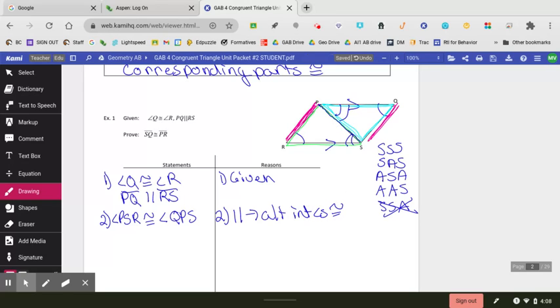So now I have two angles, so I really need a side. When I look at the green and the blue, hopefully you notice they share side PS. So I'm going to say PS is congruent to PS, and that's the reflexive property.